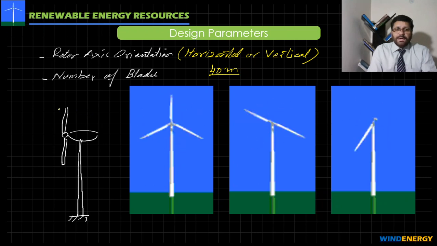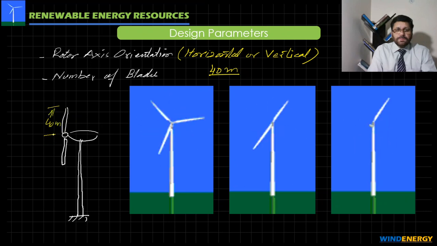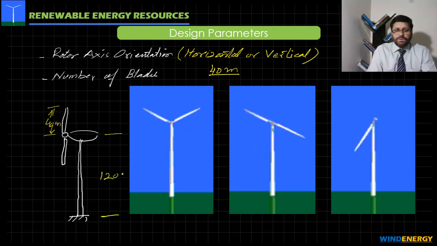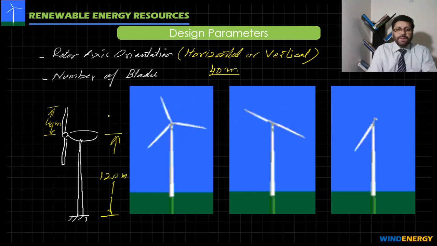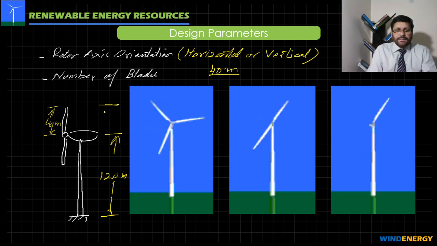If the length of the blade is 40 meters, so the height from here to here is going to be 120 meters. And further, if we add 40, so up till here the height is going to be 160 meters from the ground.